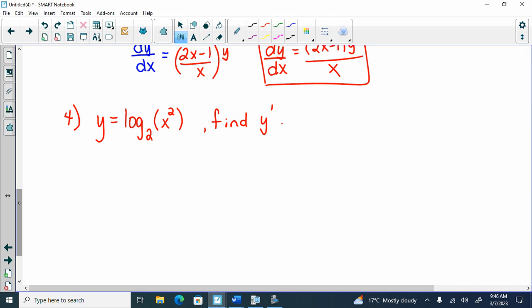we're going to go y prime equals, if it's just a log, what's beside it goes in the denominator, and then I get ln what? 2. And what goes in the top? 2x. Now, because these are multiplied, this x can cross off one of those.